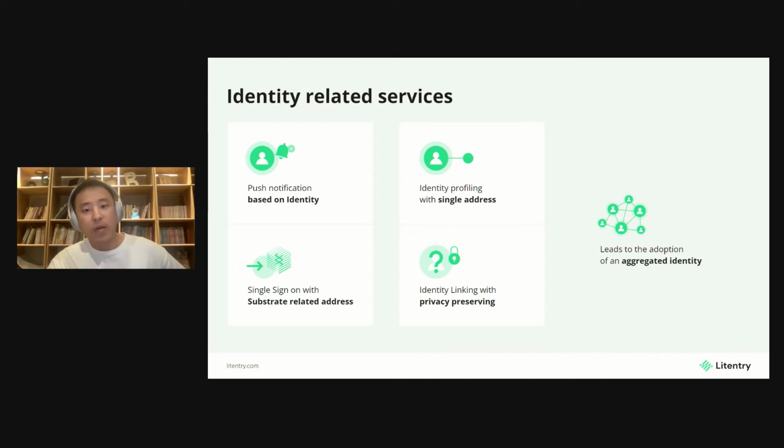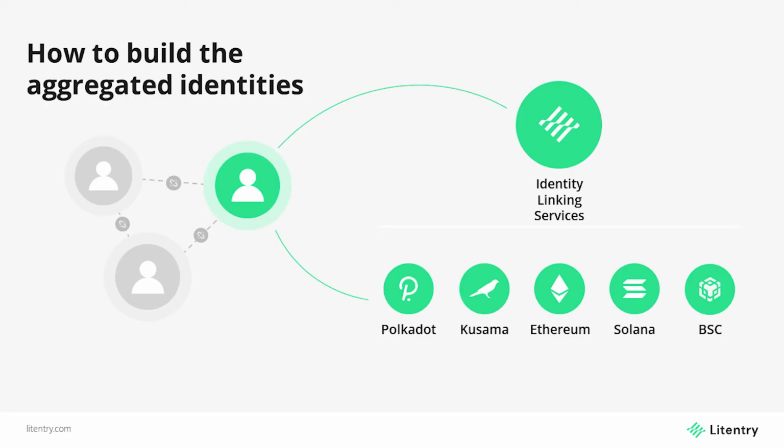And the privacy-preserving technologies, which are used to protect user wallet information, we are building because we are building a sidechain with TEE devices to store the sensitive information of the users. And all this leads to the adoption of the aggregated identity. And yeah, there are already lots of tasks to be done here.